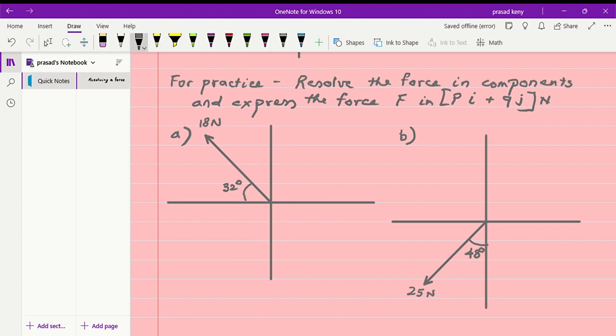Now since the force is in the third quadrant, both x and y components will be negative. So just try these problems for homework. Any doubts, please ask me in the next class.